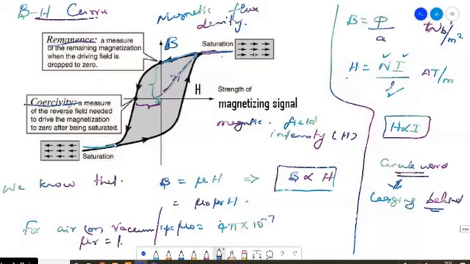Now when you again reverse it, the graph goes in this direction. So ultimately you get a hysteresis loop. We started here, and we obtained a loop. So this is about the BH curve.